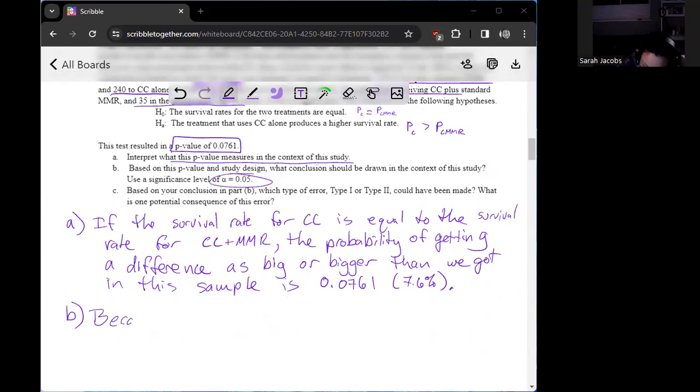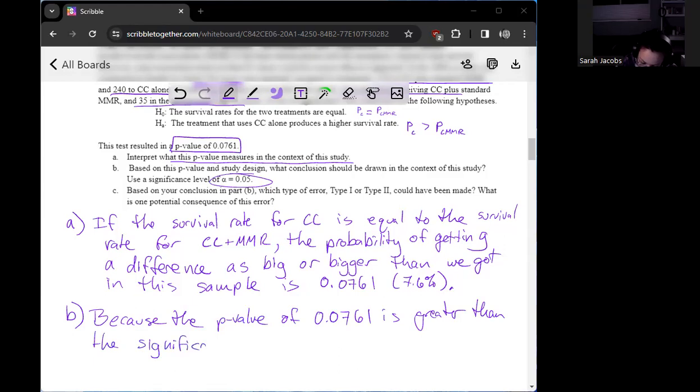Same as always. Because the p-value of 0.0761 is greater than the significance level of alpha equals 0.05, we fail to reject the null hypothesis.